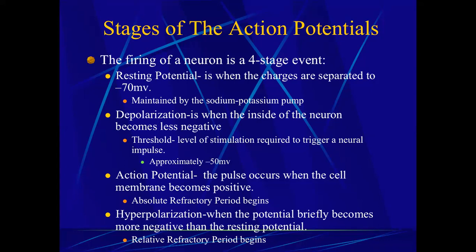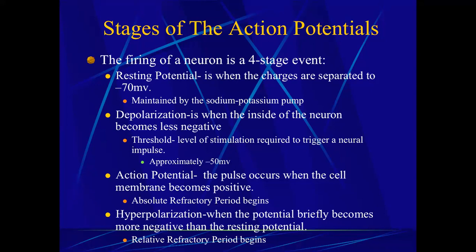That's what depolarization is. Now, in order for an action potential to actually occur, it has to hit a threshold. Now, different books will say different thresholds. Some books will say negative 55 millivolts. Some books will say negative 50 millivolts. But the depolarization has to get to a certain point.